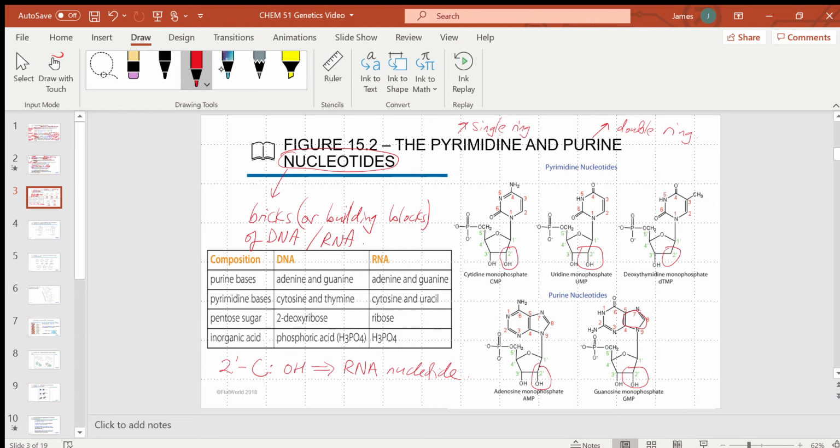So these are from RNA because they have an OH on the 2' carbon. However, if there is no OH, then we know it's a DNA nucleotide. So we know that this is a building block for DNA because it's deoxygenated on the 2' carbon, and the absence of a D here in these abbreviations means that these are building blocks for RNA.